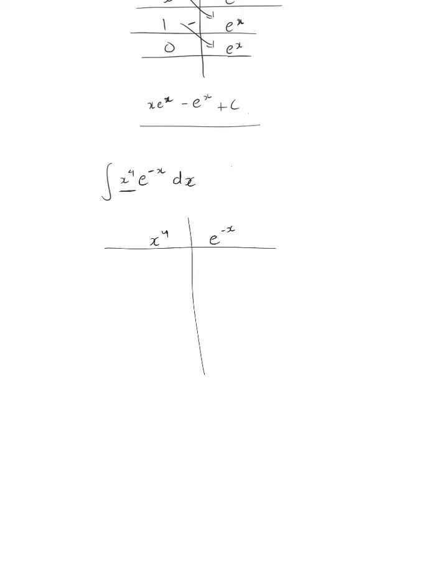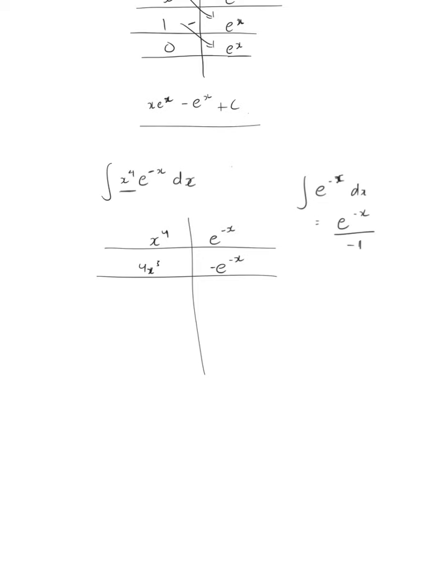First round of differentiation and integration. So this is 4x cubed, and this is minus e to the minus x. Because you know that when you integrate this, it becomes e to the minus x divided by the differential of this, which is just minus 1. So that minus sign is just a coefficient now.